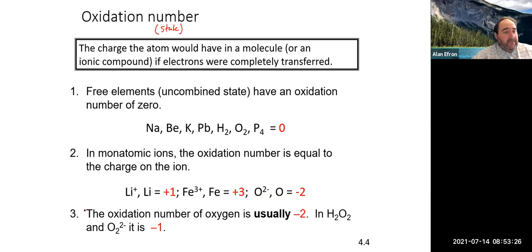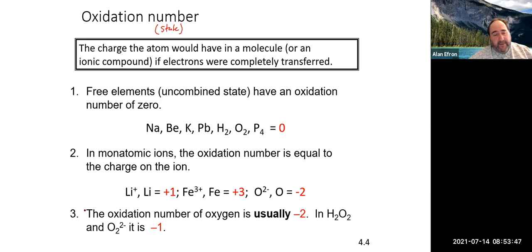But where we're dealing with molecular compounds and sharing of electrons, certain elements, based on what they are bound to and how many things they are bound to, will take on a different oxidation number than the normal charge we think about. And we'll see some examples of that as we go through these.